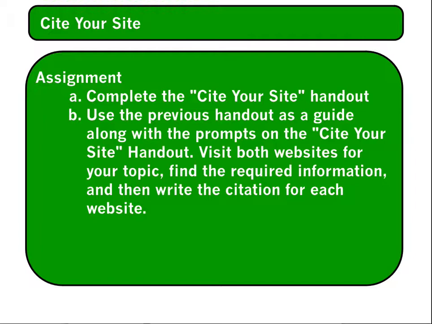So you can either choose Mount Rainier National Park, or your research topic could be mammals. I have listed 2 websites that you need to go to for either one. You're just picking one. So you're going to create 2 citations. All right. And if you need any help, I will help you through it. Don't worry.